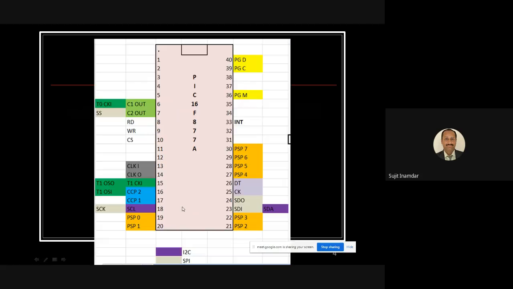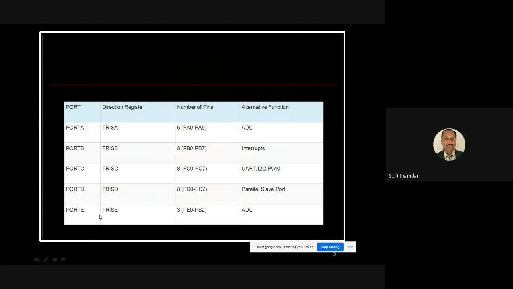If you are looking over here, RD, WR and CS come under this particular port E, that is control bits.